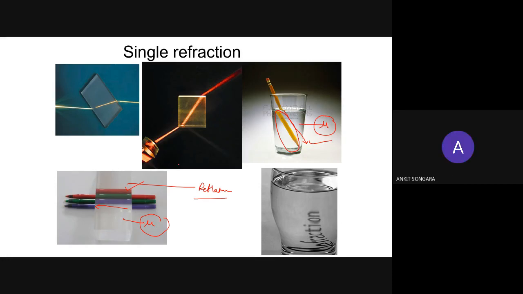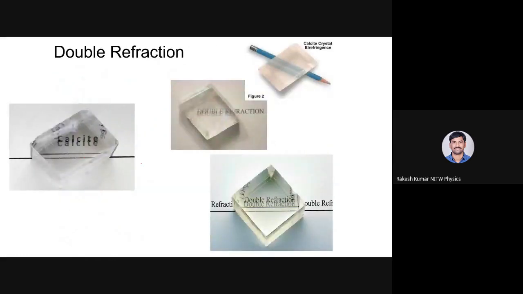This is a very usual observation in day-to-day life, but in certain cases, with some special materials, when you pass light through them or see images through them, you are going to see two refracted images. That is the important thing. Instead of one refracted image, you see two. Are you able to see two pencil images here?